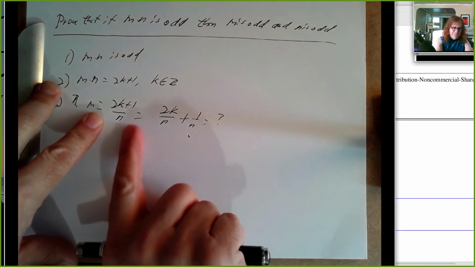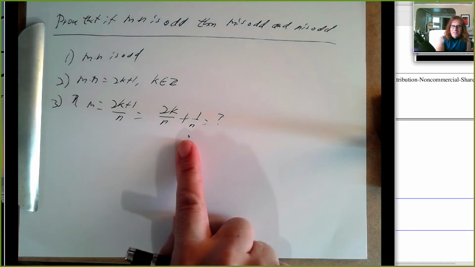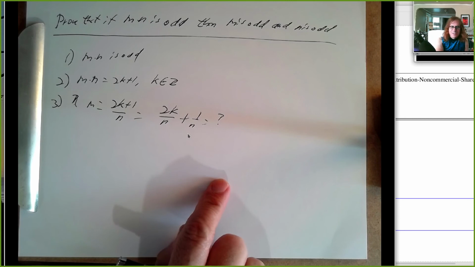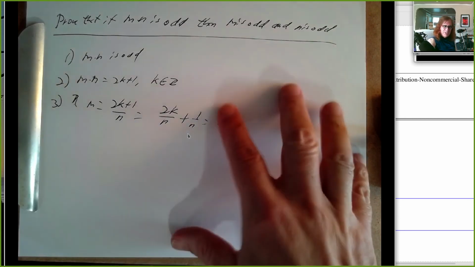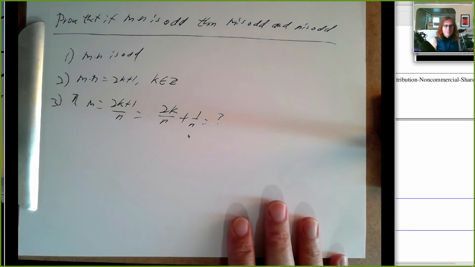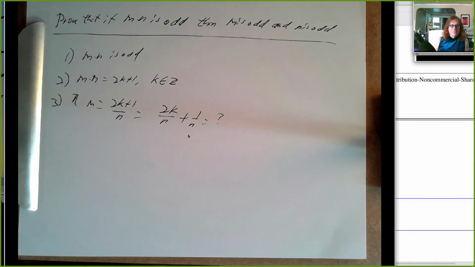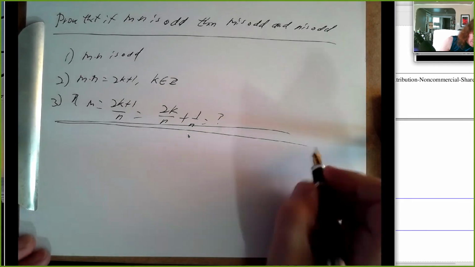Well, we're sort of in that direction, but this doesn't get us there. This is really hard to do a direct proof for. But a proof by contradiction, an indirect proof, is trivial. So let's try that.